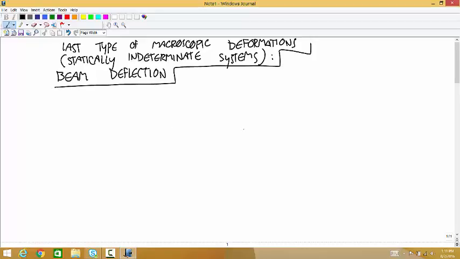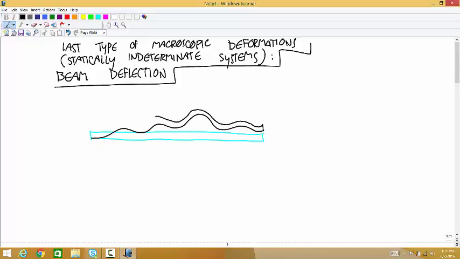The idea of this is if you start with a straight beam and then you apply some loads, the beam does this, although obviously we're only dealing with small deformations, so we can't deal with beams that make changes like this.